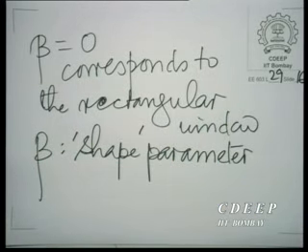So the windows take different shapes. Now of course you must not forget that this window is described only between minus capital N and plus capital N. The modified Bessel functions of course last for all values of the variable. But this window is defined only between minus capital N and plus capital N. That is to be understood. And of course you can then draw the envelope of the window and then you could resample it to get the even length window.